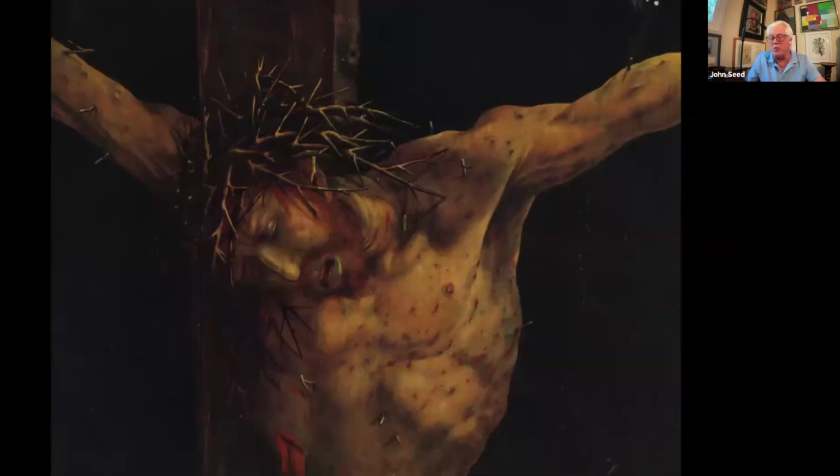I'll start with a close-up of the crucifixion and tell you that this painting was made for an Antonite monastery, in other words, a monastery dedicated to St. Anthony. The monks of that monastery were specialists in treating skin diseases. Maybe that accounts for the incredibly macabre treatment of the body of Christ.